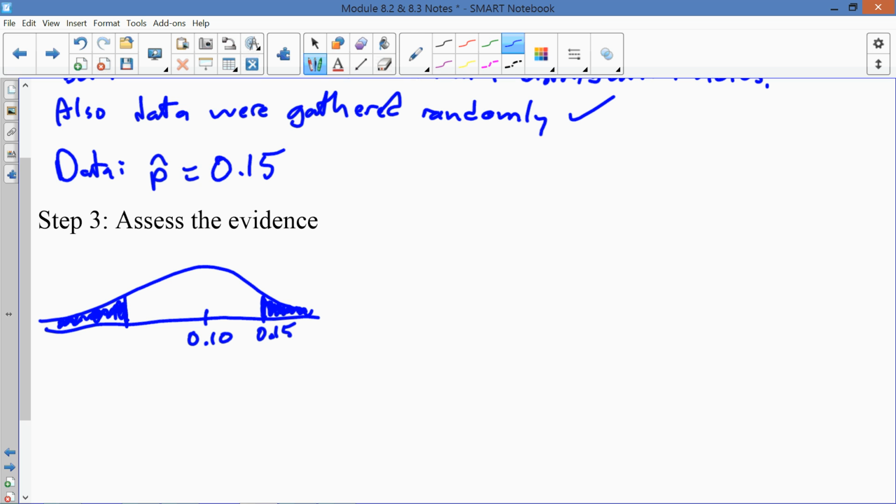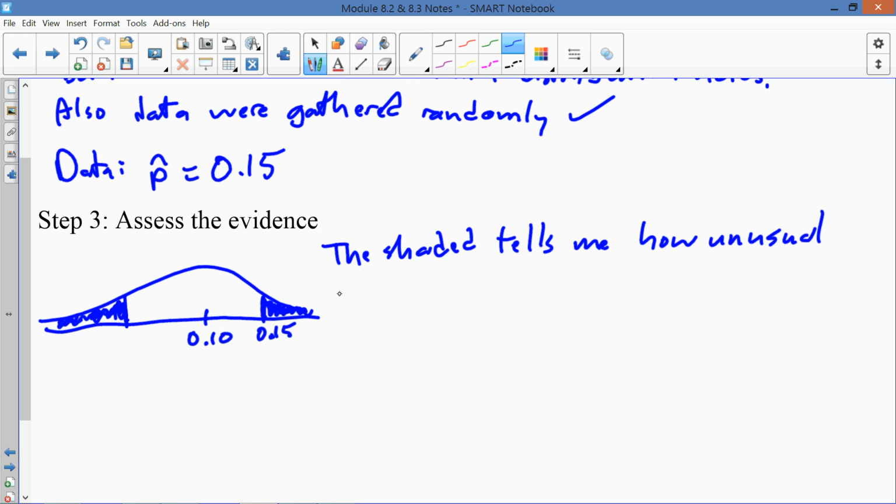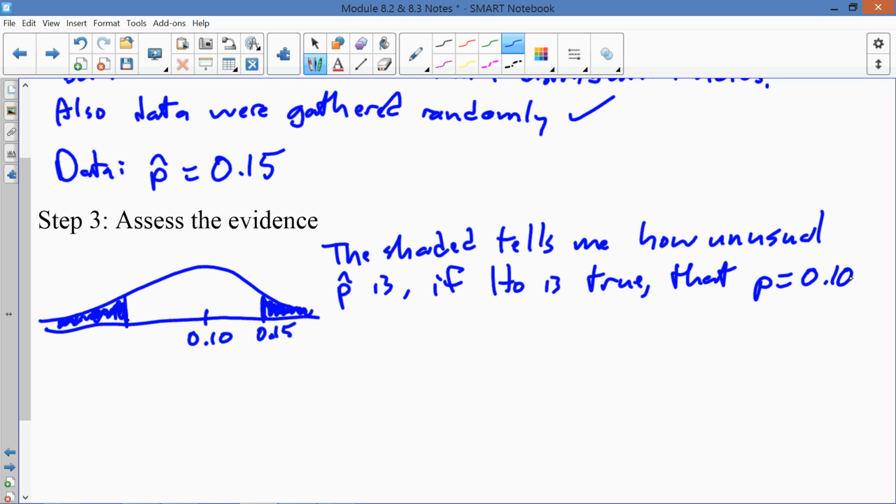So what I need to do is find the shaded area. The shaded area tells me how unusual p hat is if H0, the null hypothesis, is true. That is, that P is equal to 0.10.